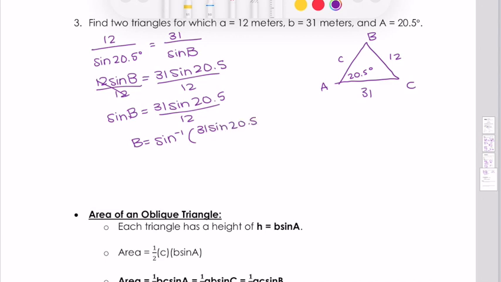In example 1, if you want to pause and go back to it, we ended up with finding angle B to be 21.4 degrees. If we would have subtracted that from 180, we would not have had room for that large of an angle in our triangle.